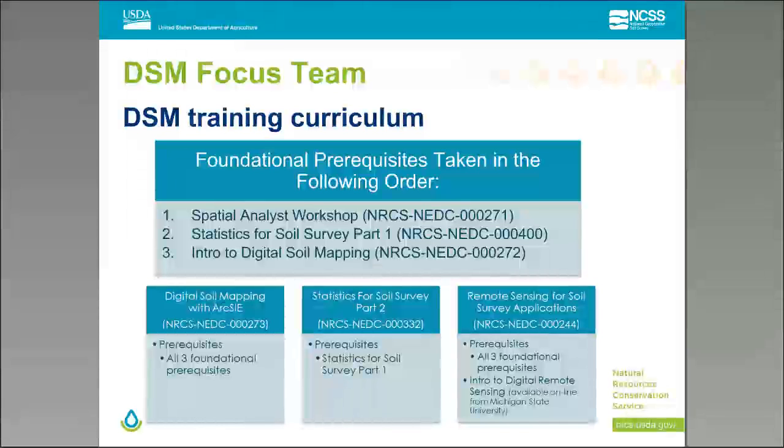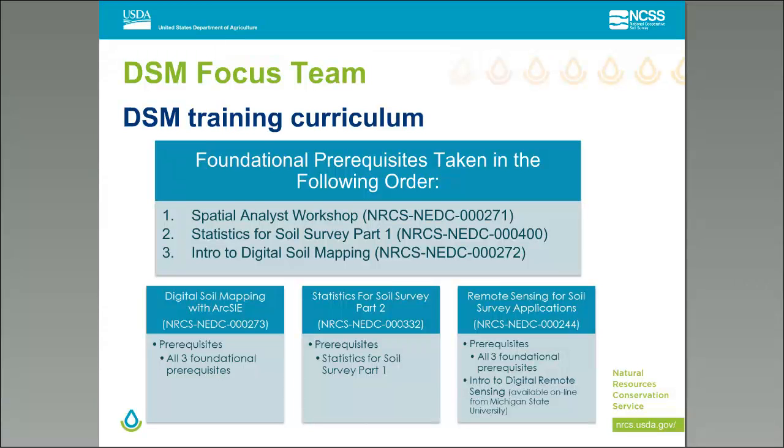I'm sure many of you are familiar with this training curriculum that we've put together. We have these 3 foundational courses: the Spatial Analyst Workshop, Statistics for Soil Survey Part 1, and then the Intro to Digital Soil Mapping. They should be taken in that order. When you get to the Intro to Digital Soil Mapping, it's very helpful to have those other 2 courses to support your learning in that course.